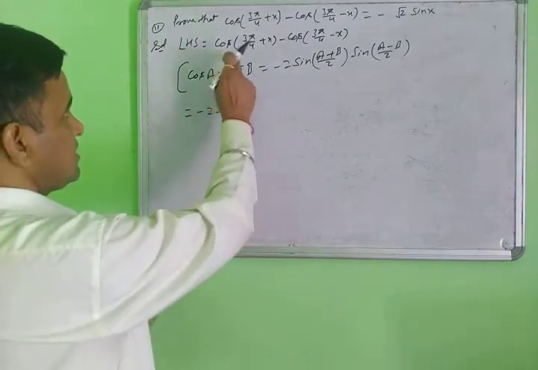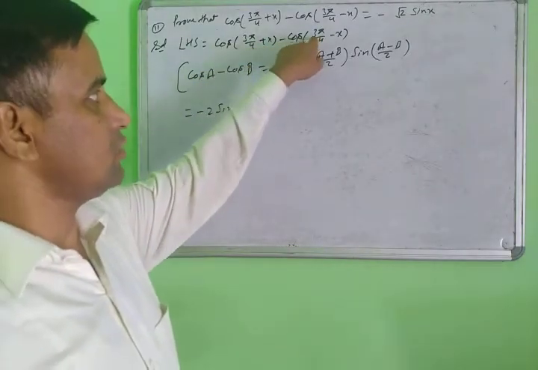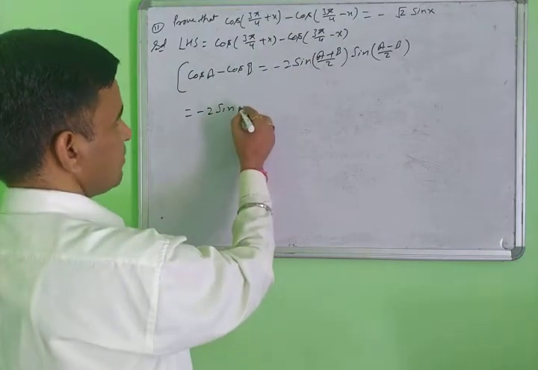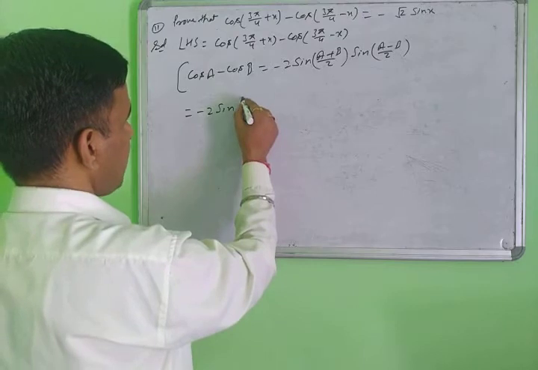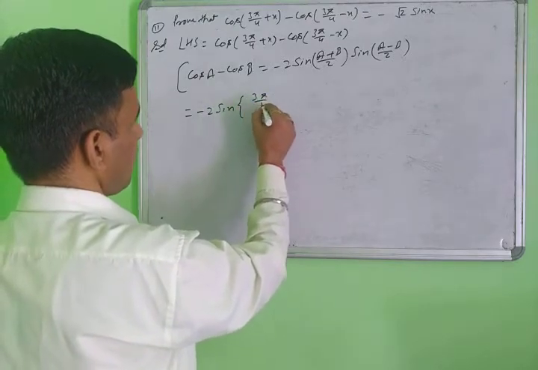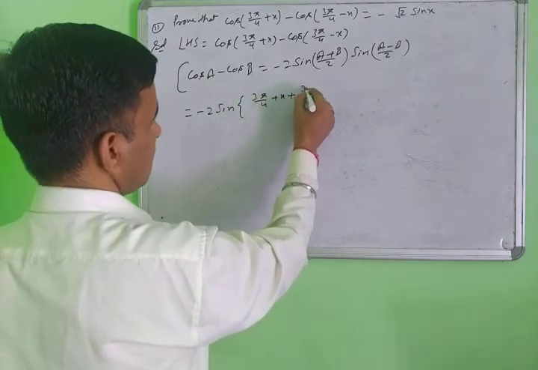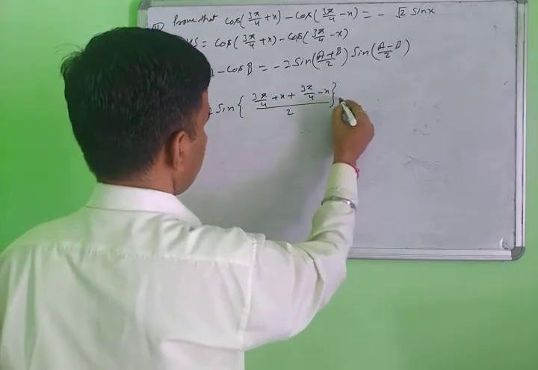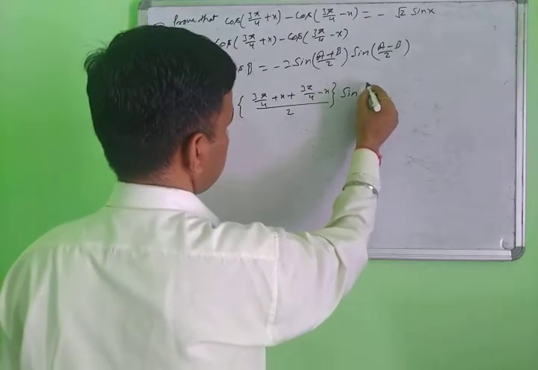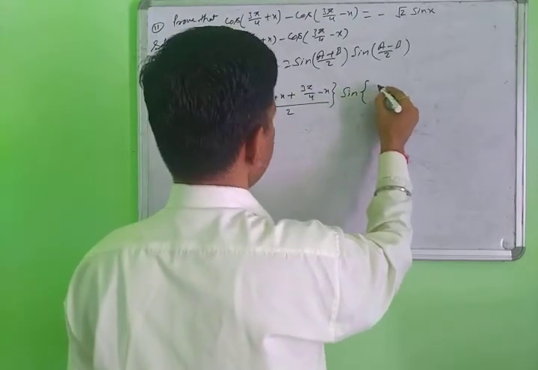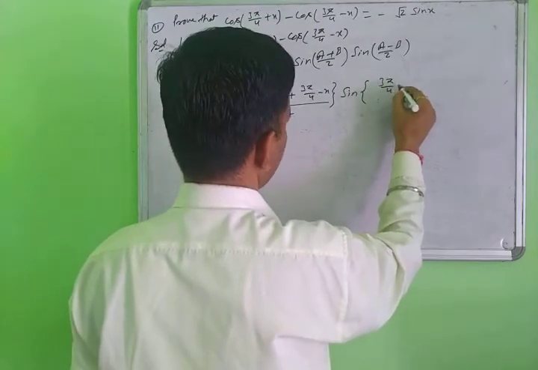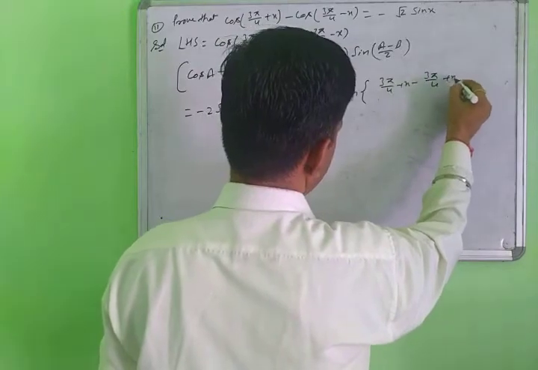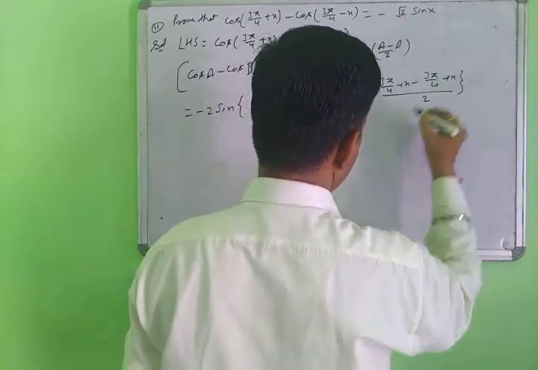Here a is the first complete angle and b is the second complete angle. So a plus b gives minus 2 sin of (3 pi upon 4 plus x plus 3 pi upon 4 minus x) upon 2, and the second sin of (3 pi upon 4 plus x minus 3 pi upon 4 plus x) whole upon 2.